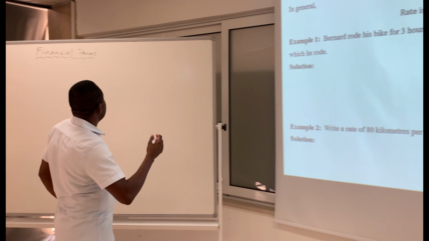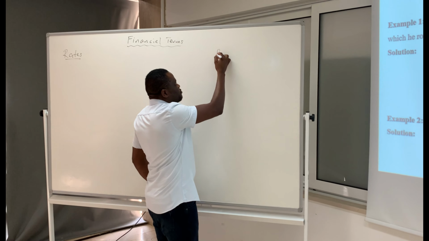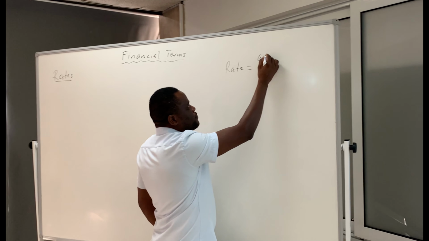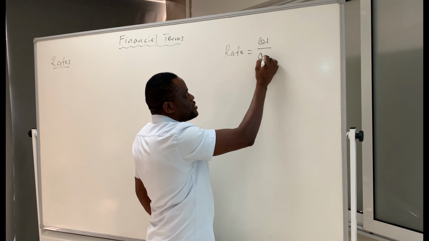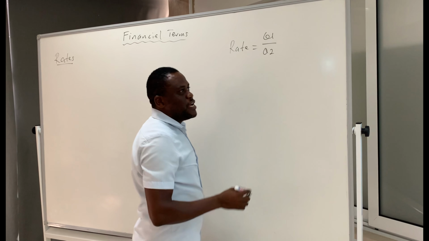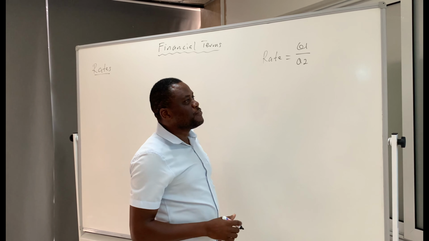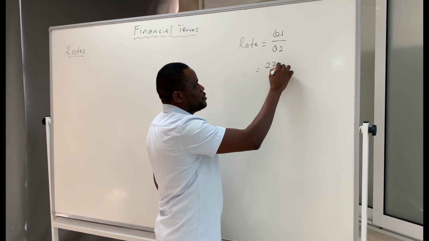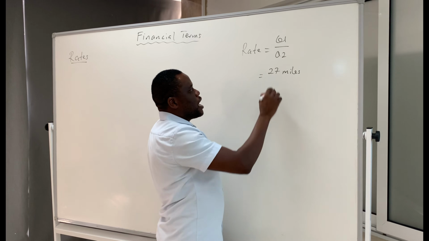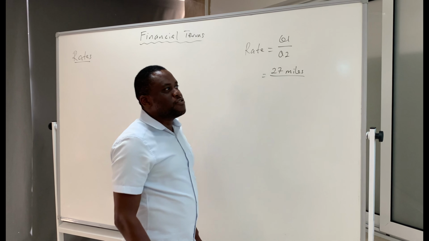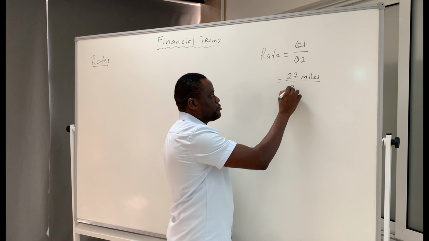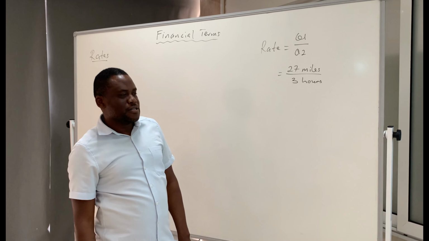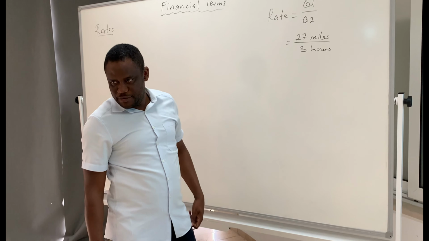So, following the formula, we are looking for the rate, which is the first quantity divided by the second quantity. So, in this case, we have 27 miles, and he rode it for 3 hours. So we can reduce it, right? As usual.